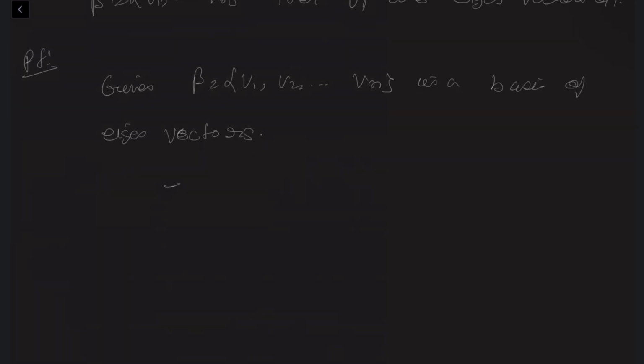If they are eigenvectors, what does it mean? By definition, T of vj is equal to lambda j vj, where lambda j is the eigenvalue of vj, because eigenvectors and eigenvalues always come together, so we always talk about them together.